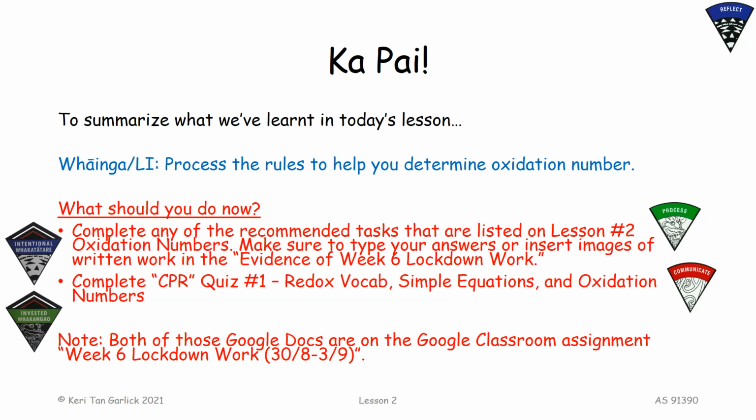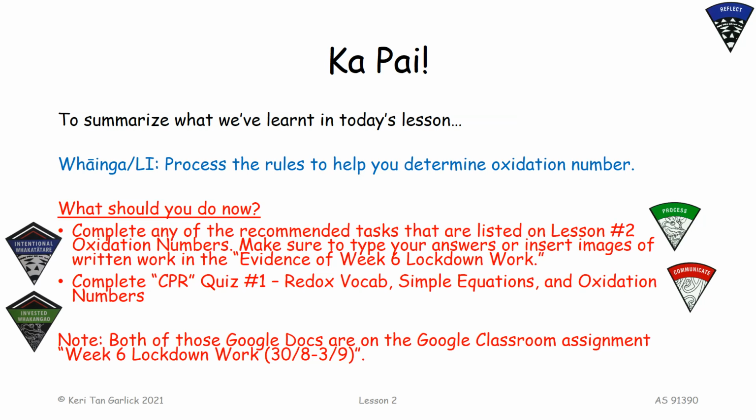All right, congratulations on finishing the second lesson for this week. You should be able to use the rules to help you determine oxidation number. For your recommended follow-up, do the tasks that are listed in lesson number 2. You don't need to do all of them. Just do what is right to your level and how much you need to do to understand what's going on. Don't forget to show that evidence in that week 6 Google Docs. Either insert images or type up your answers there. Once you feel confident, do the quiz number 1.